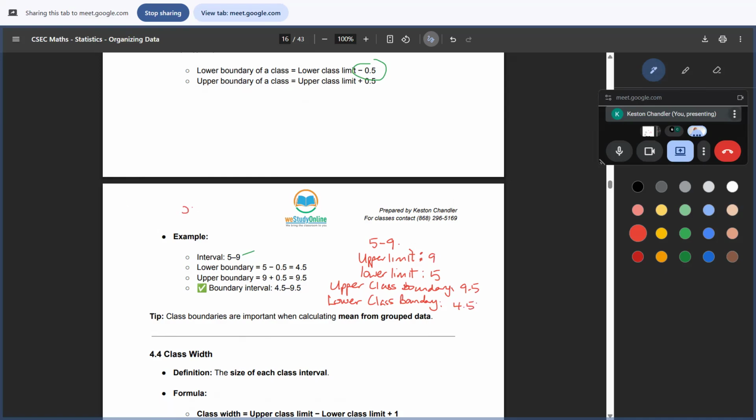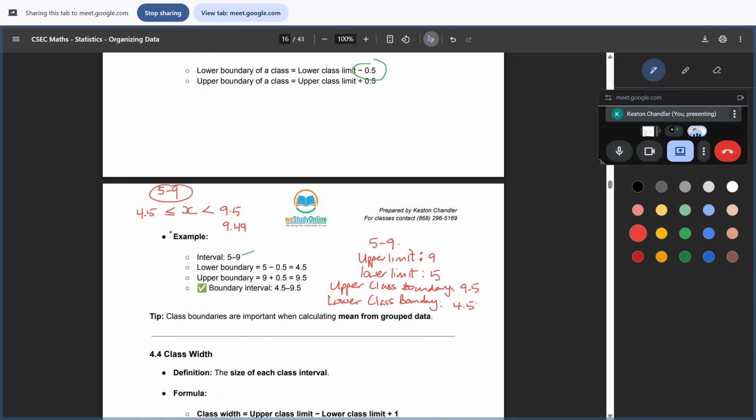Now, if X is whatever data we are observing, when we look at the class interval 5 to 9, values that are less than 9.5 but greater than or equal to 4.5 could fall inside of this class 5 to 9. What this means is that we could go all the way up to 9.49 and it will still fall inside of this class.